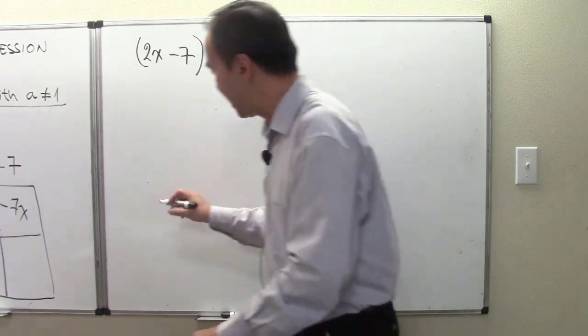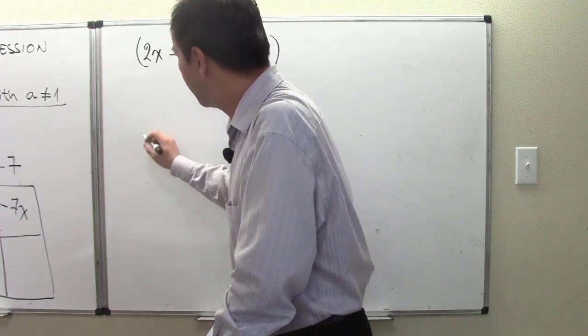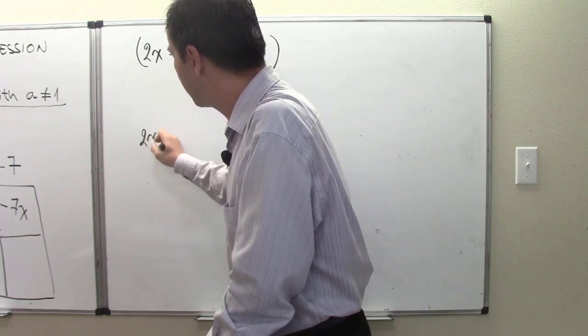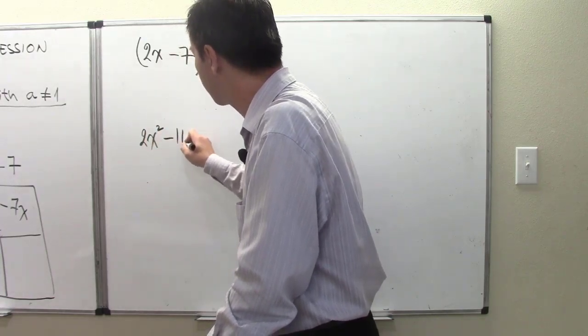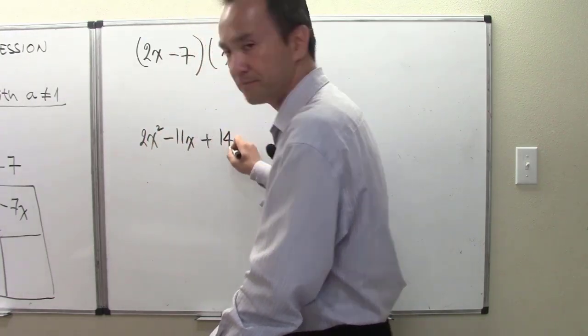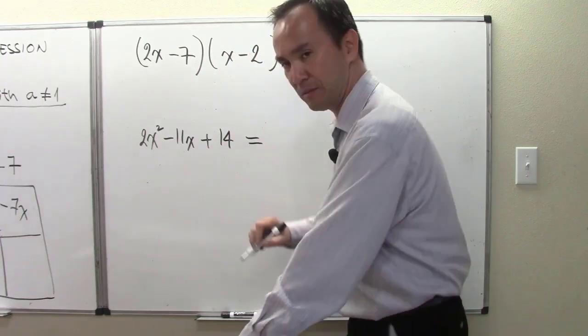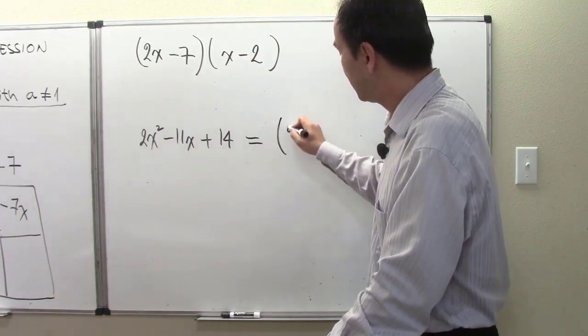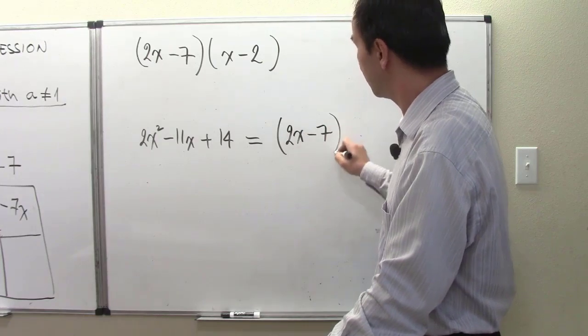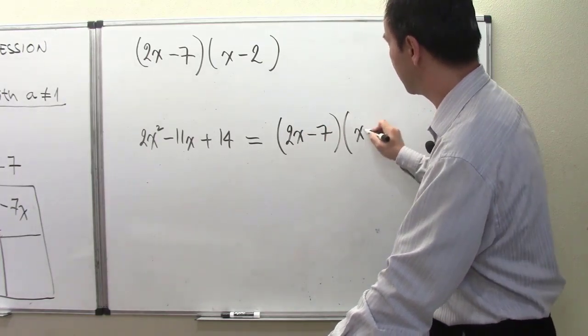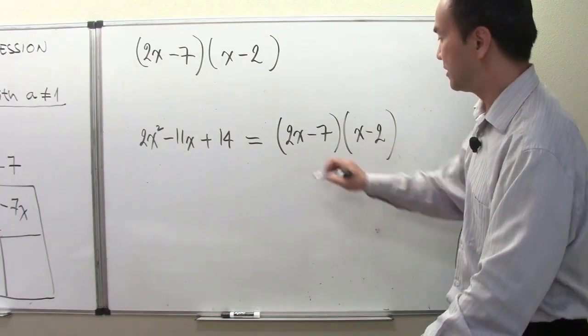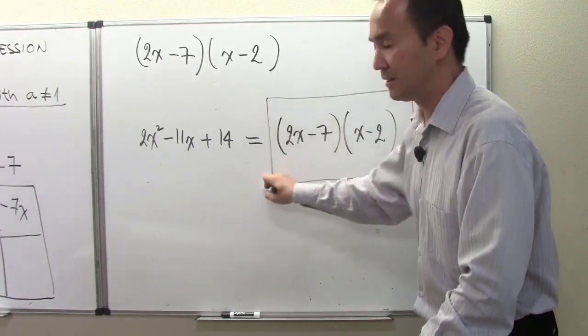So in the end, our beginning quadratic, 2x squared minus 11x plus 14, really can be factored into 2x minus 7 times x minus 2. And this is the final answer.